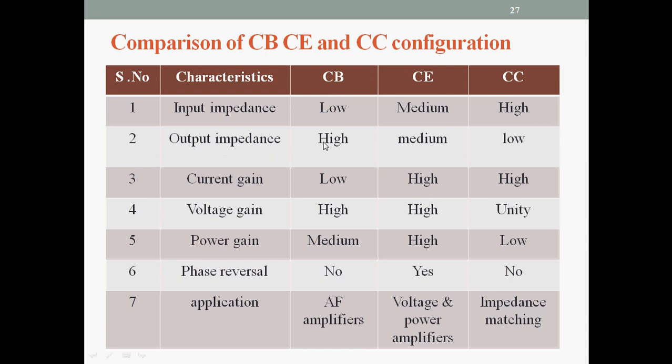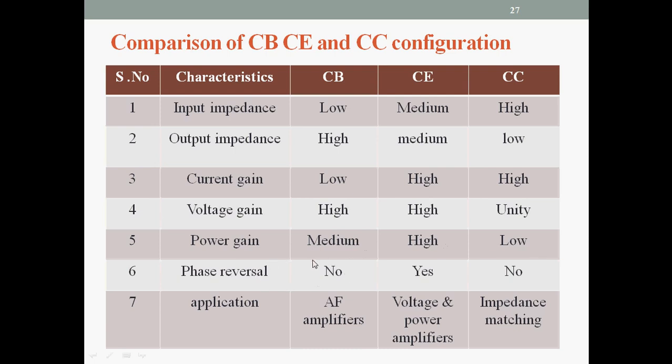Output impedance is high, medium and low. Current gain for CB is low, for common emitter it is high, and for common collector also high. Voltage gain is high for common base, high for common emitter, and unity, 1, for common collector. Power gain is medium, high and low.